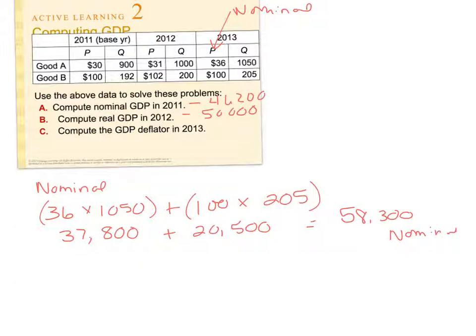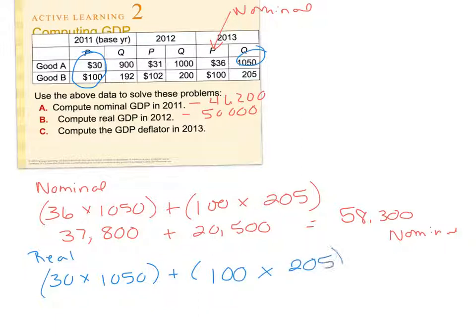Now the next thing we want to do is calculate the real. When we do the real, we have to hold the prices constant in the base. So for the real GDP, we say 30 times the quantity of 1050, plus 100 times 205.